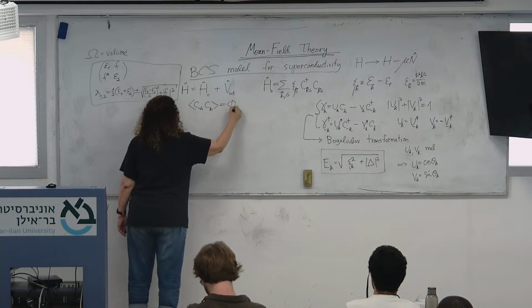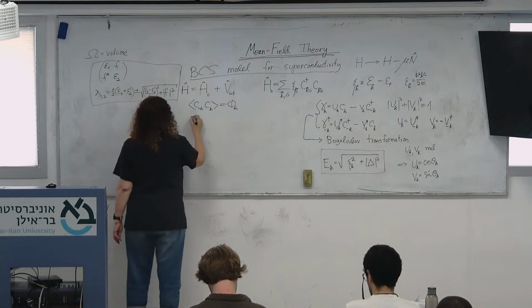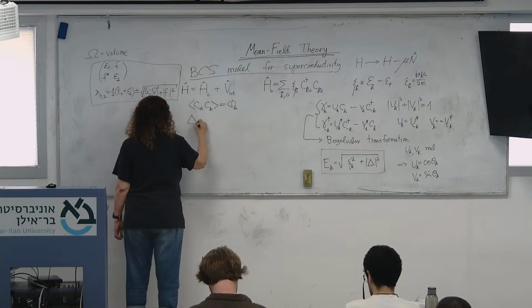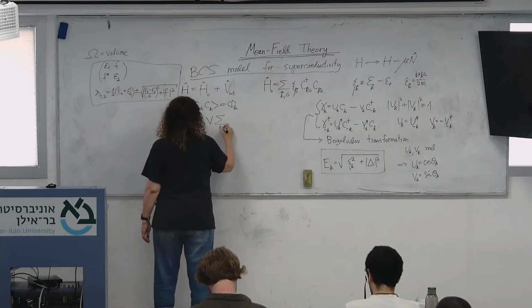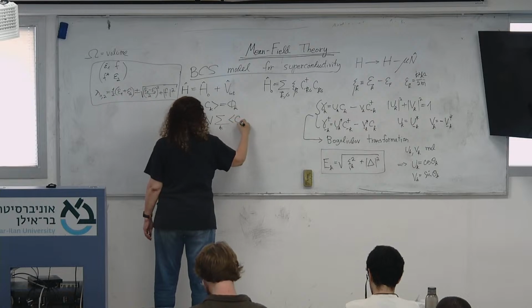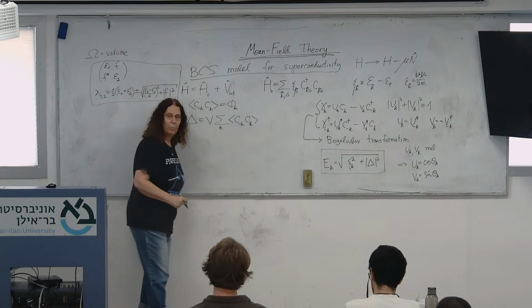In fact, I named it phi k. And I define delta to be V times the sum over k of this funny expectation value, okay?